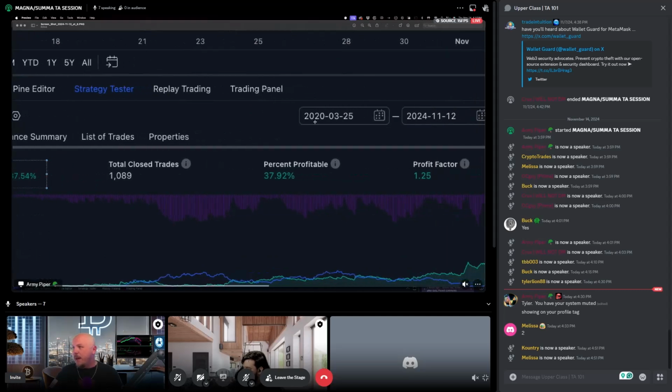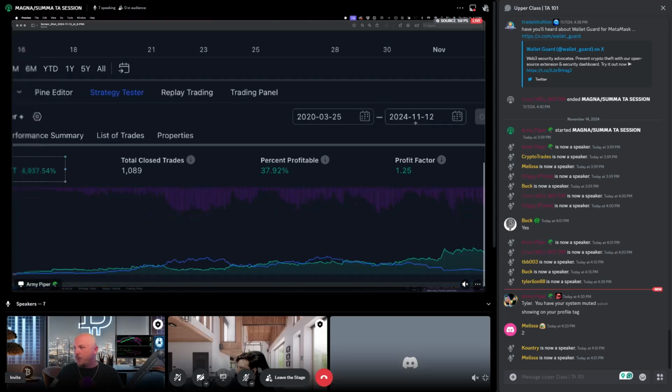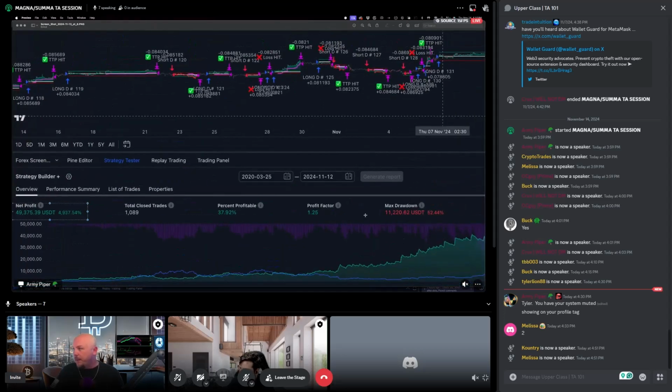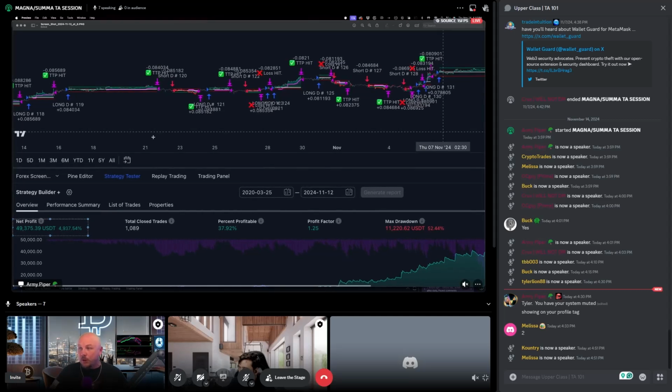This one is running from March 25th, 2020 through November 12th, 2024. On this one, they ran the test and you can see the loss hit, take profit 1 hit, longed where it entered. It does all the indications of what it did based on your strategy, back tests it all, and then you'll be able to automate this on 3Commas.